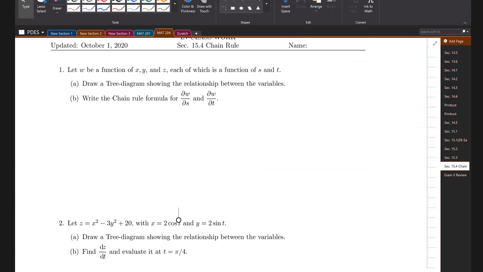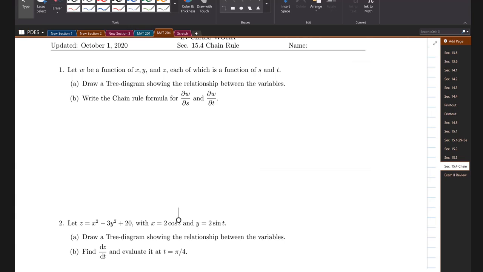So, all of these, I think, are made easier if you draw a tree diagram. So please, raise your right hand, solemnly swear to always draw a tree diagram for one of these chain rule questions. Thank you, thank you.